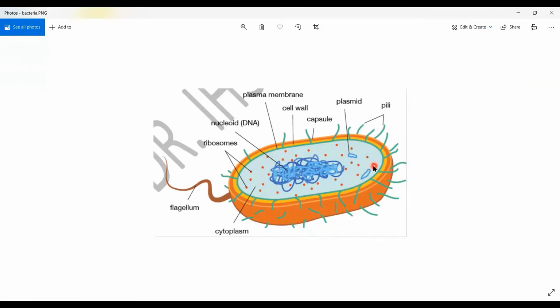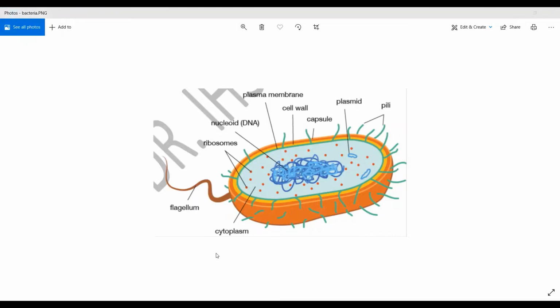These are the organelles I just told you about, called ribosomes. This is the nucleoid, or the DNA molecule. What are these? These are additional DNA molecules called plasmids, but they are not found in all bacteria. They are a type of DNA that allows bacteria to gain some properties for their survival.